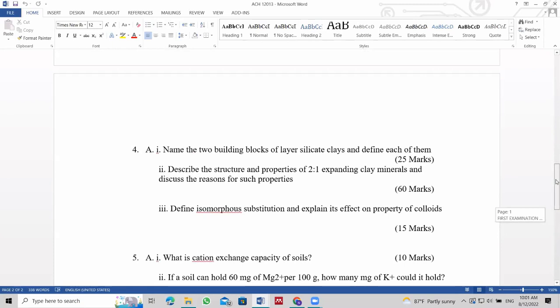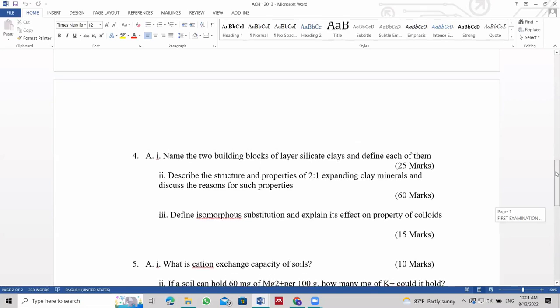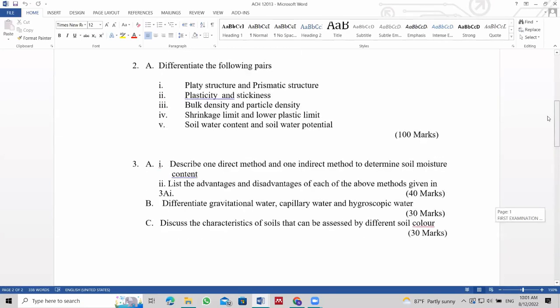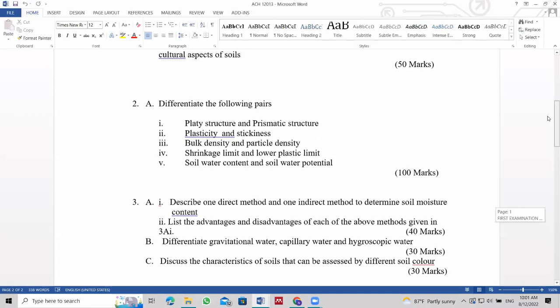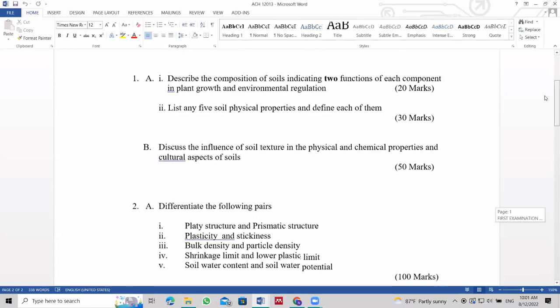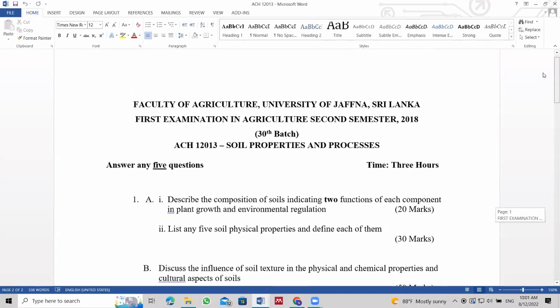And if you did not understand anything, you can come and talk to us, or you can contact us, and whichever aspect you do not understand, we can have a discussion class if you want. Okay. So then we can meet on the 17th for the practical revision. Okay. Wish you all the best.